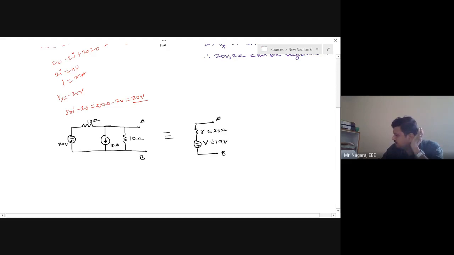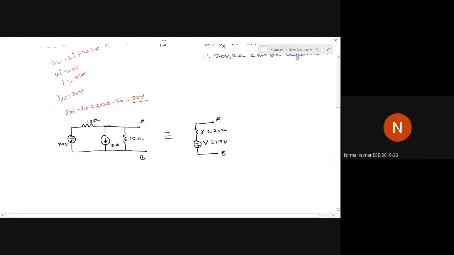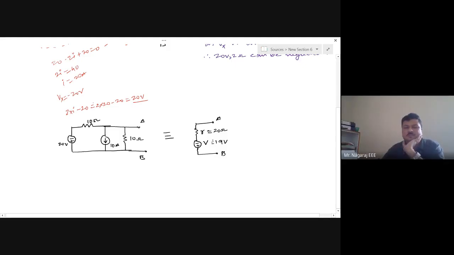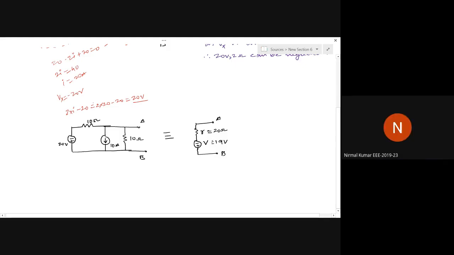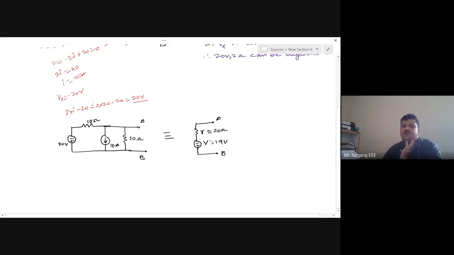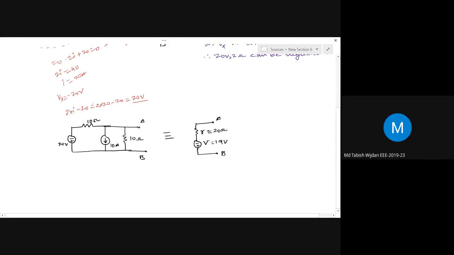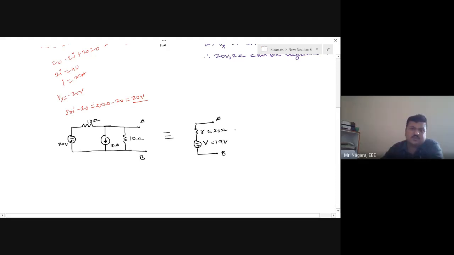Nirmal Kumar is there? Yes, sir. Are the values correct? All are getting the same values? Sir, R is getting 5. These answers are wrong.